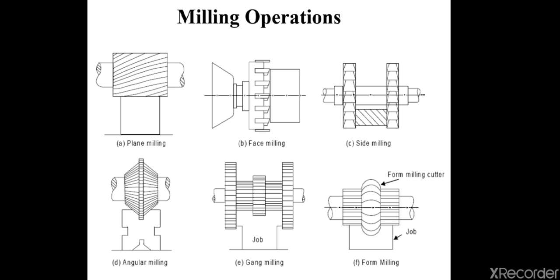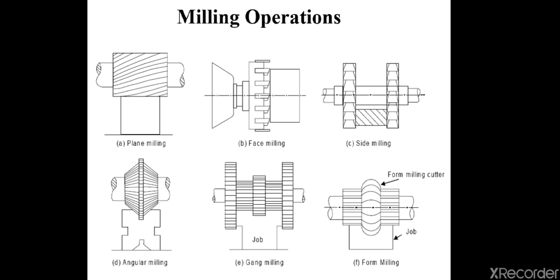Next operation is side milling. In figure C, it is clearly shown. It is an operation of producing a flat vertical surface on the side of the workpiece by a side milling cutter.